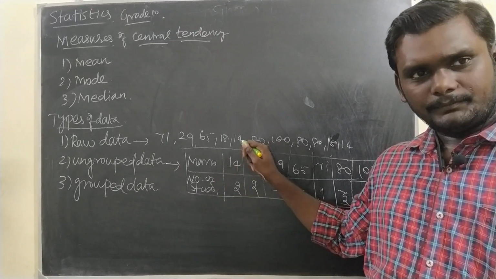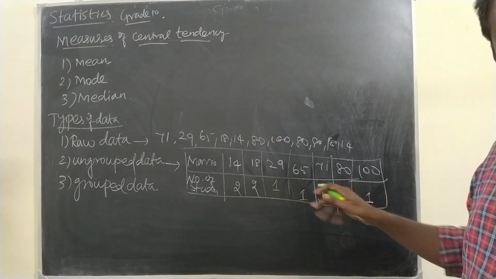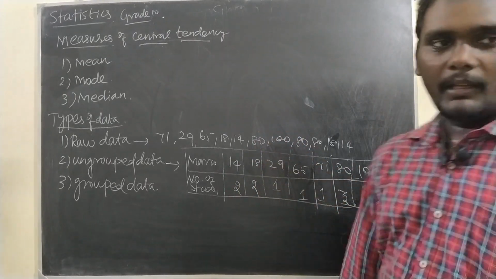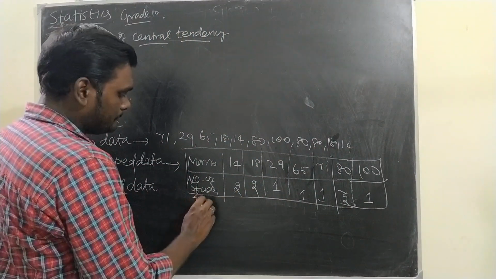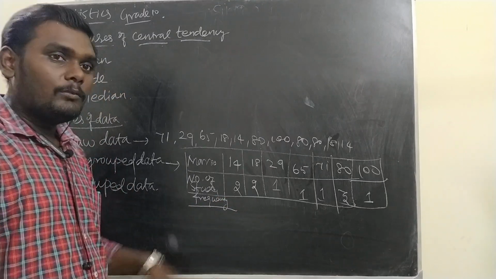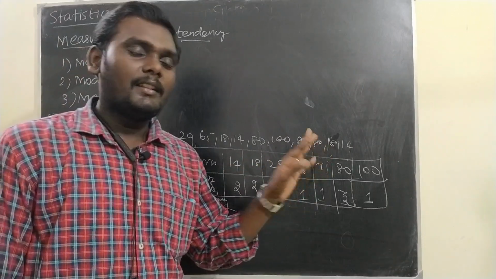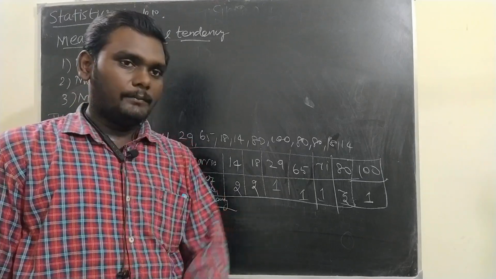Same or different? Same data. But how did I arrange it? It is not grouped. Single data, how many times it is repeating? There we have to understand what is called frequency. Frequency means how many times a particular observation is repeating. That is called frequency.